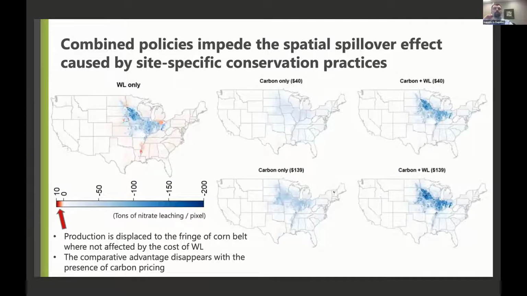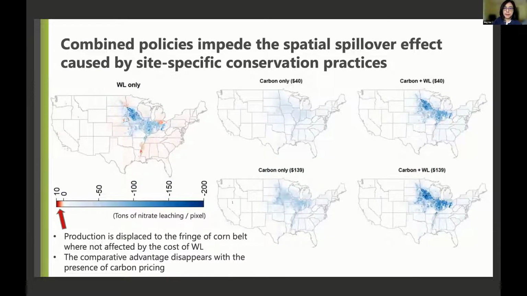Yeah, and the final result we're showing is this spillover effect. Previously, the wetlands had some externalities because the cost of wetland restoration lowers the competitive advantage of those grid cells adopting the practices. So the production is displaced to other areas; they don't have to adopt a wetland.